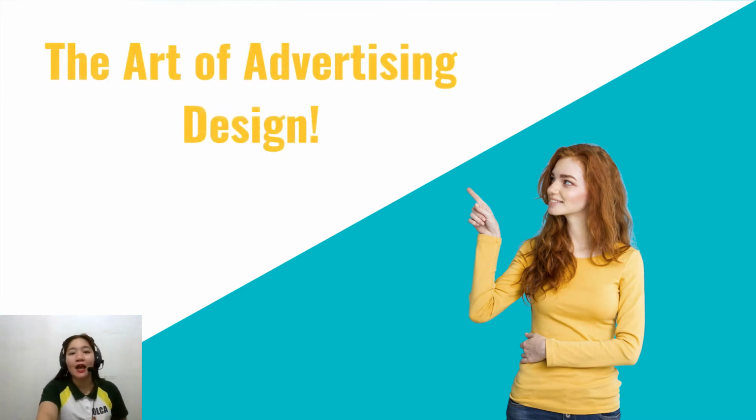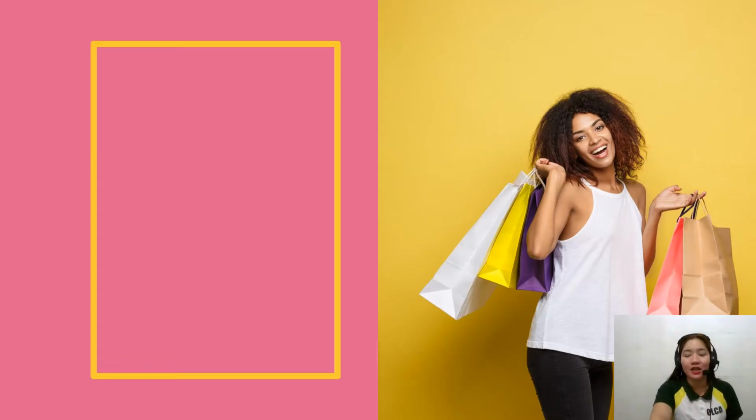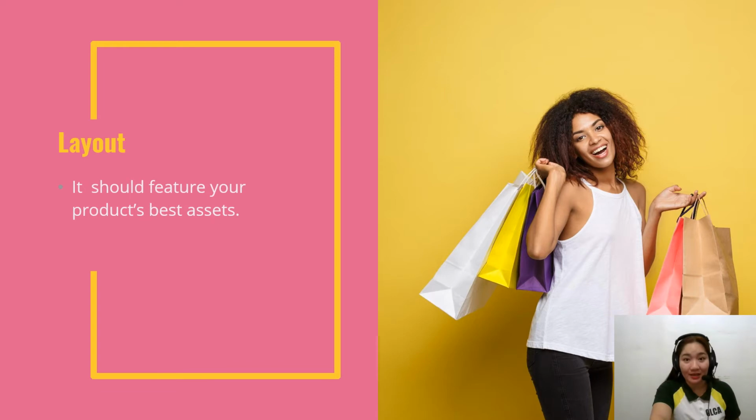Okay, always remember that a good advertisement starts with knowing that your goal is to sell your product. Meaning, an ad must first be noticed. So the layout of an ad should feature your product's best assets. Okay? So the layout is a plan of where to place an element and how big it should be.